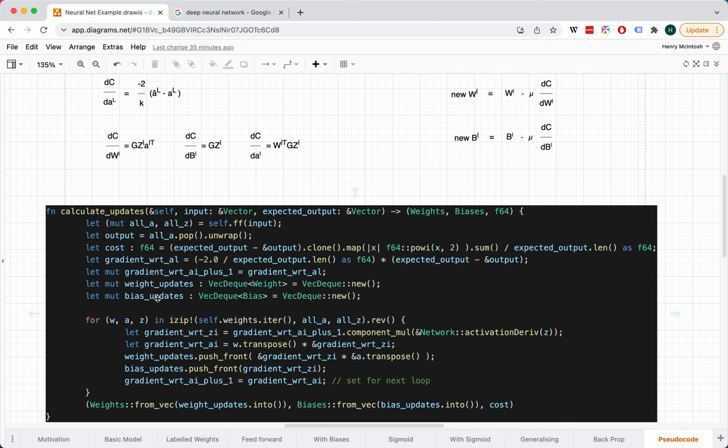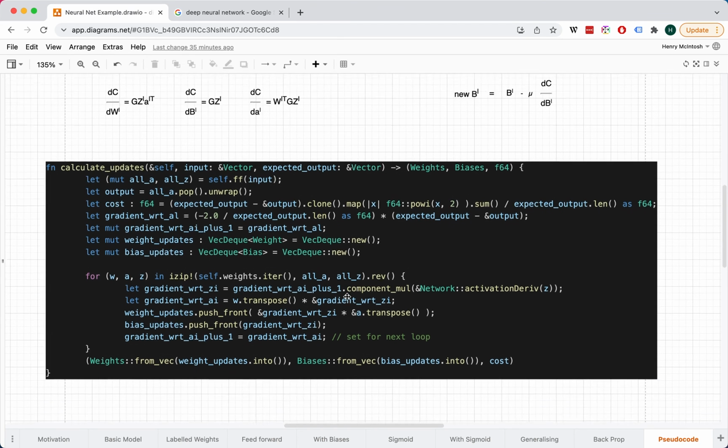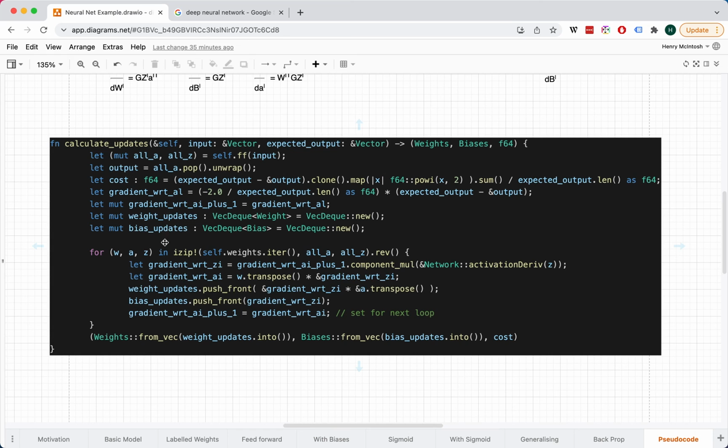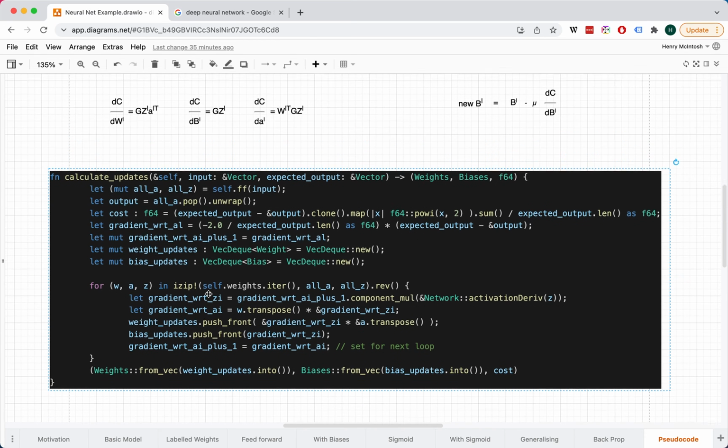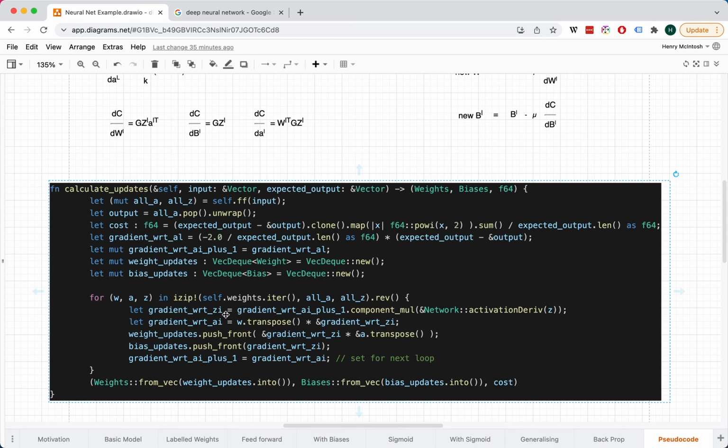Then we've got all of our weight updates and bias updates, which are just empty vectors that we can push to. So we're going to iterate in reverse over our weights, all of our activations, and all of our z's, and we can calculate our gradient. So our gradient with respect to zi, which is gzl from up here, is exactly what we saw before.